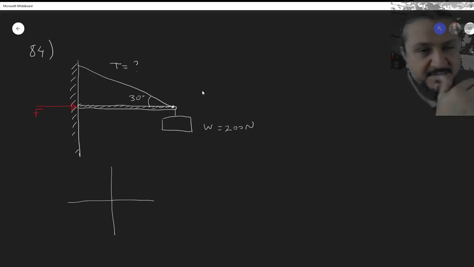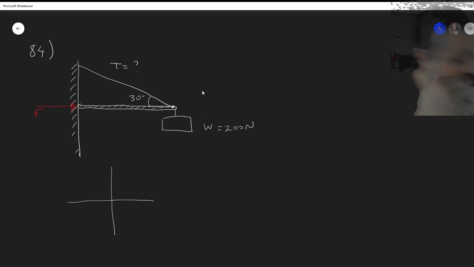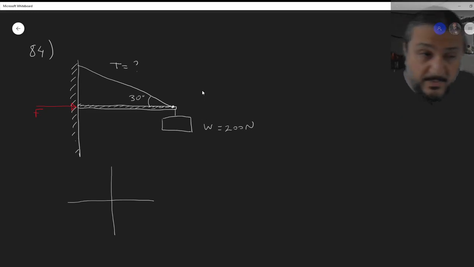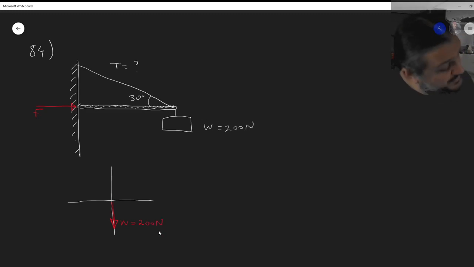I'm just going to skip that step, and let's include that as a downward force and be done with it. This is W, weight 200 newtons. Now, do we know the weight of the strut?